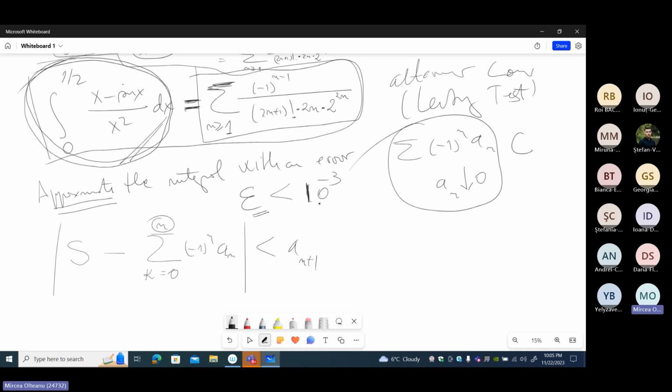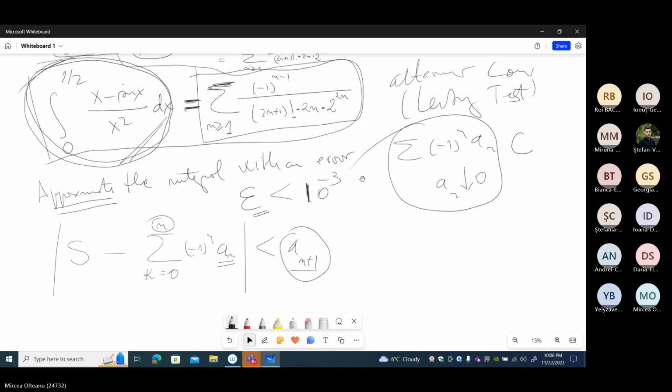So the error is less than the first neglected term, because a_{n+1} is the first term that we do not sum. We stop at a_n, and a_{n+1} is the first neglected term. So this is the result about the approximation of alternating series.